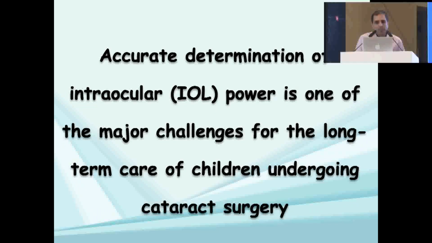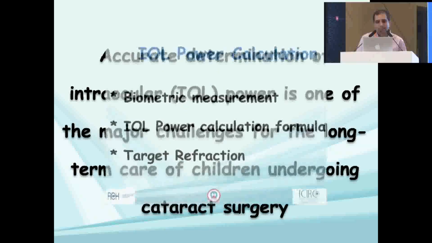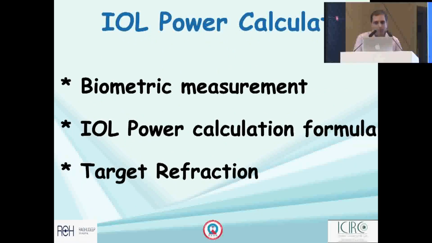I think accurate determination of the IOL power is one of the most challenging parts in children undergoing cataract surgery. Unlike in adults, where all of your pre-operative planning usually ends up being right in 8 or 9 out of 10 eyes, in children it behaves very differently. It's just not a small adult eye. It's an extremely different ball game altogether.